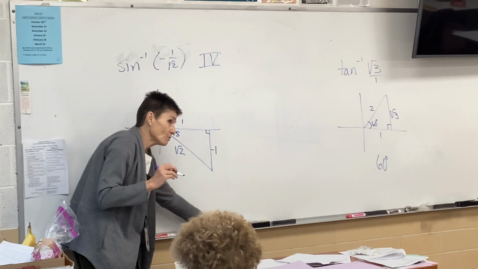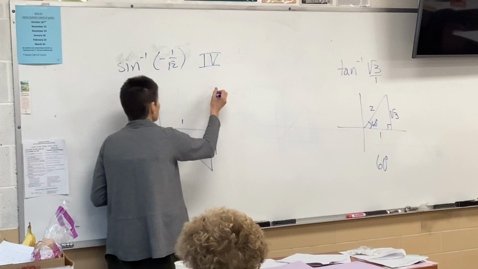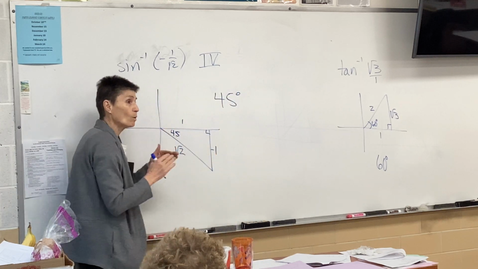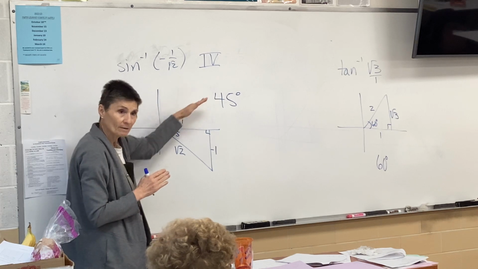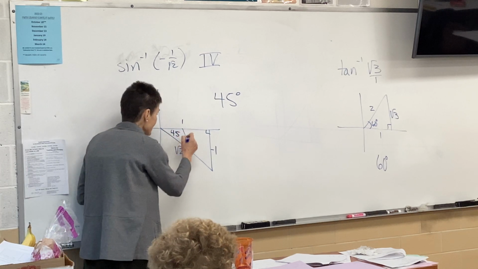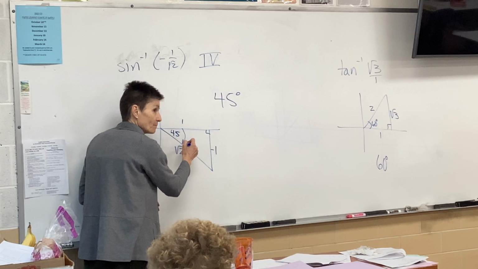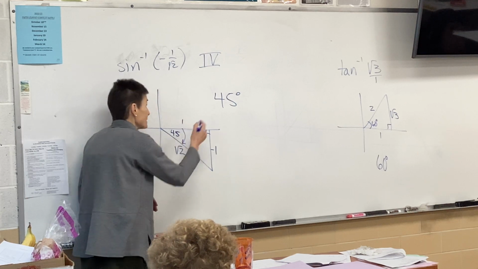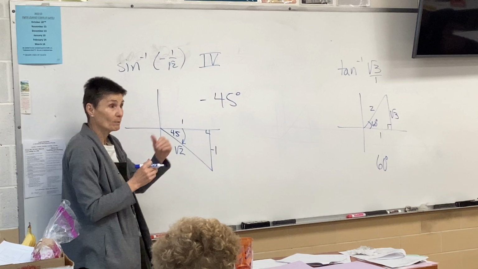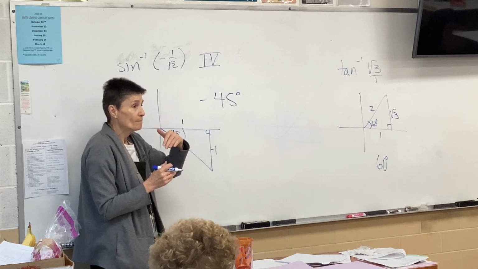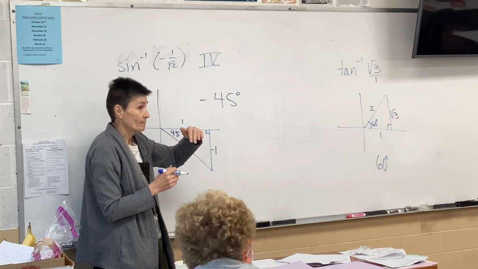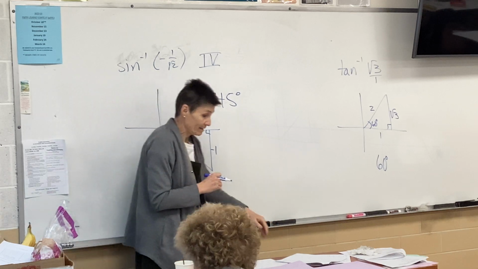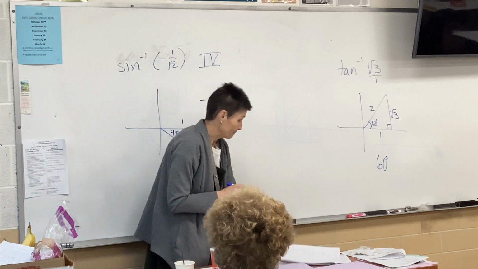When you write your answer, though, you can't say the answer is 45 degrees, because 45 degrees would be up here. What angle is this? Going down. That's a negative 45. Remember, when you go down, those are negative angles. So the answer is negative 45.